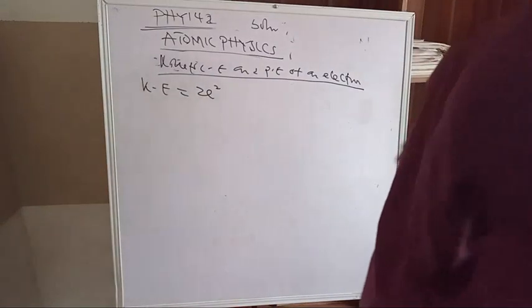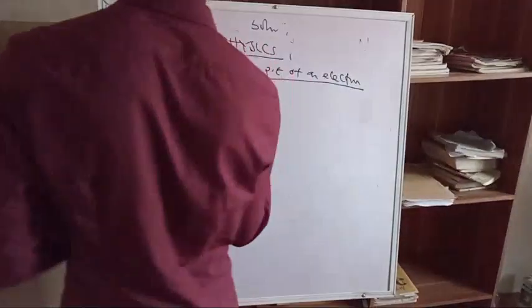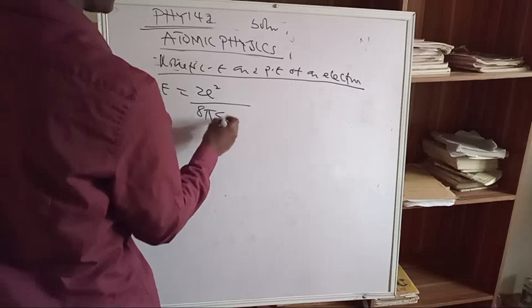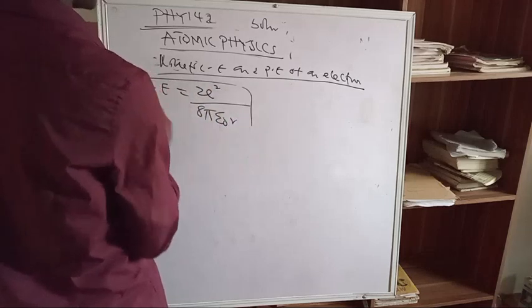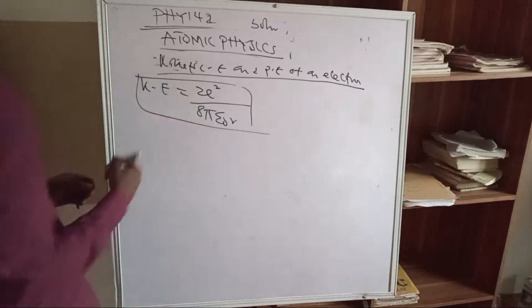Ze squared over 8 pi epsilon naught r. This is how to determine the kinetic energy of an electron.